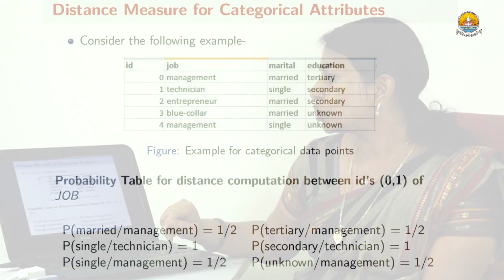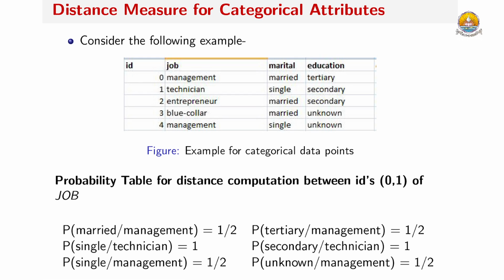What we do here is we try to seek the probability of one particular attribute with respect to another attribute. When I want to compute the distance between two rows with respect to the job attribute, I compute the probability of married given management. In job there is a particular value, management.